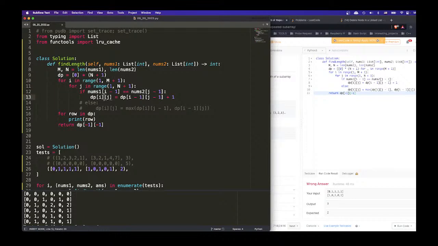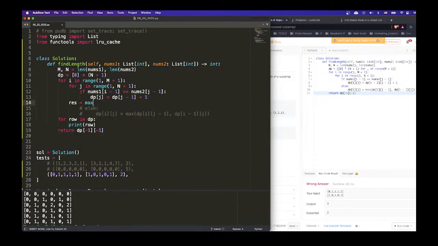So say this is the same, then say dpj equals dpj minus 1. Alright, and then once we're done, we say res equals maximum dp and then res.